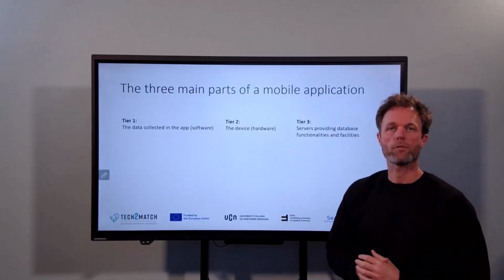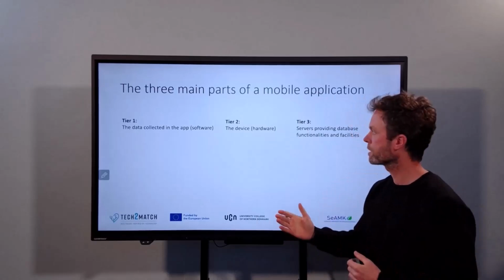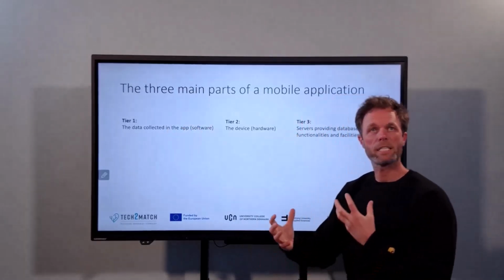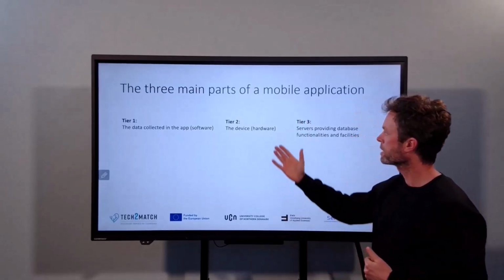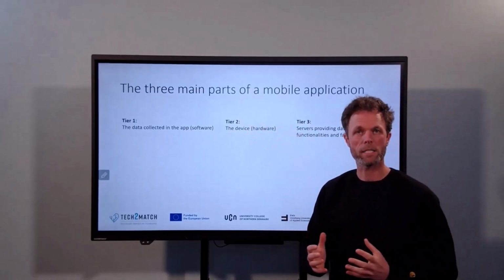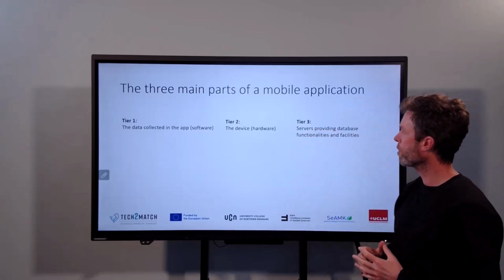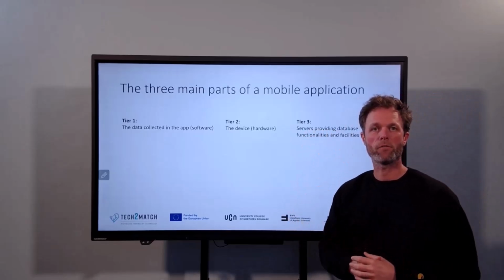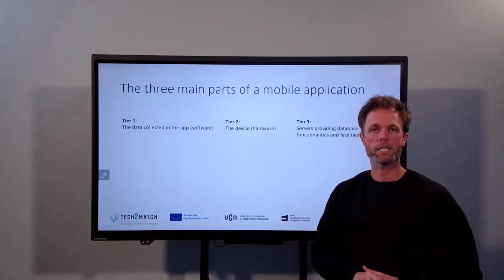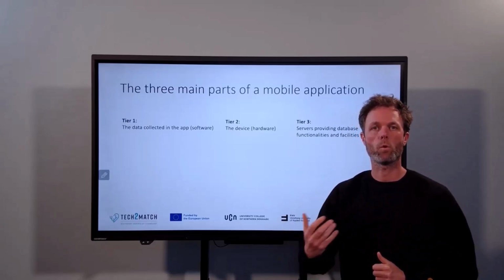There are three main parts of a mobile application. There is the software, the data collected in the application. There is the hardware, which is the device. It would be the mobile application in this case. And then there are the servers, the back-end function of the entire technology which makes this work.